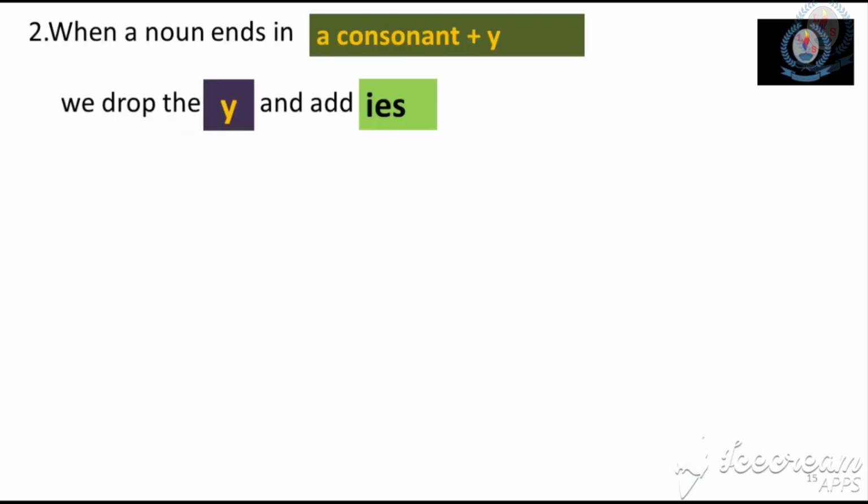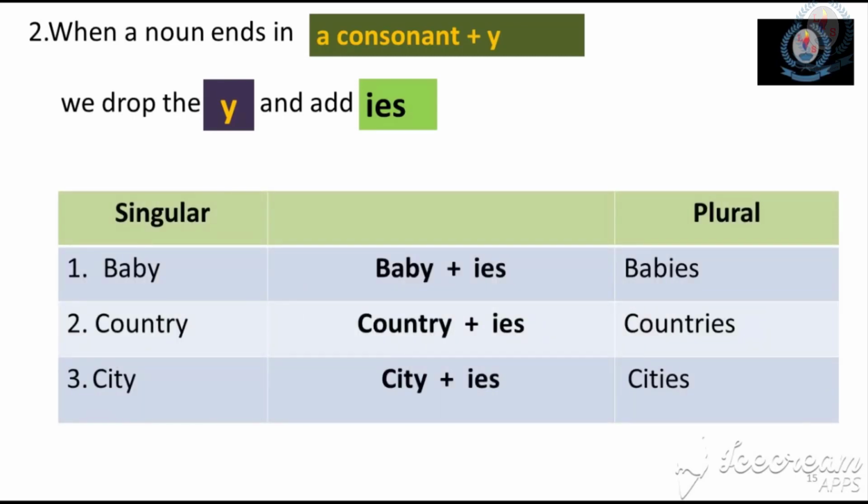Second rule, when a noun ends in a consonant with y, we drop the y and add ies. Let's see some examples for that. On the singular side, you can see the first one, baby. The word baby ends with y.